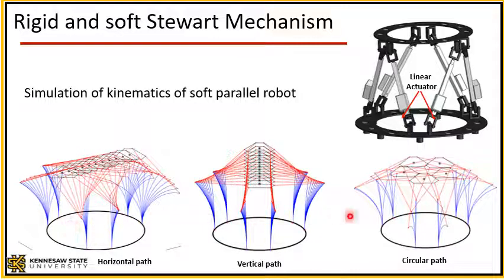Here you can see the soft version, in which the blue links are the soft arms that actually bend. And we will develop models that can predict the motion of this system in different trajectories. Here you can see a linear trajectory, horizontal one, as well as the vertical one and a circular path.